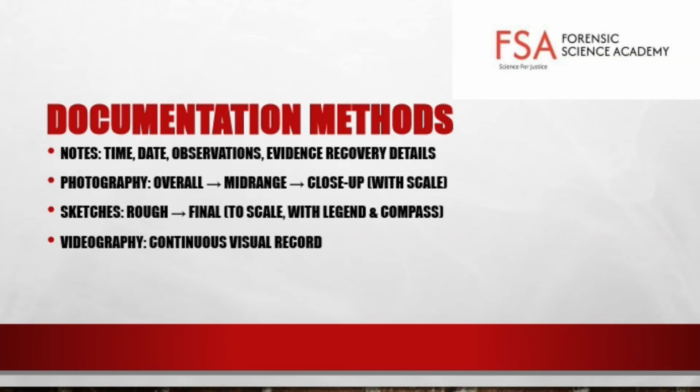We rely on notes, written observations: date, time, who found what, where, etc. Next is photography: wide shots of the whole area, then mid-range, then close-ups with scales. Then sketches. Rough sketches at the scene are later developed into scale diagrams with compass directions and labels.